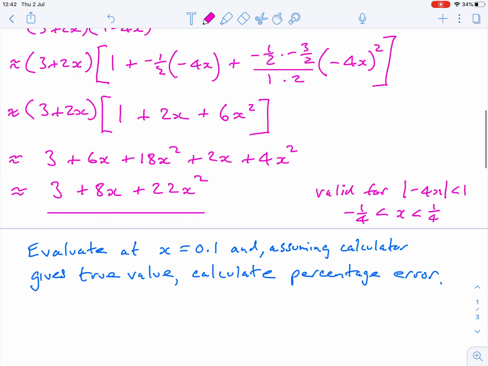Right, now I'm going to ask us to evaluate this at x is 0.1. So 3 plus 8 times 0.1 plus 22 times 0.1 squared. If we put that in the calculator, we get 3 plus 0.8 plus 0.22, which is 4.02.